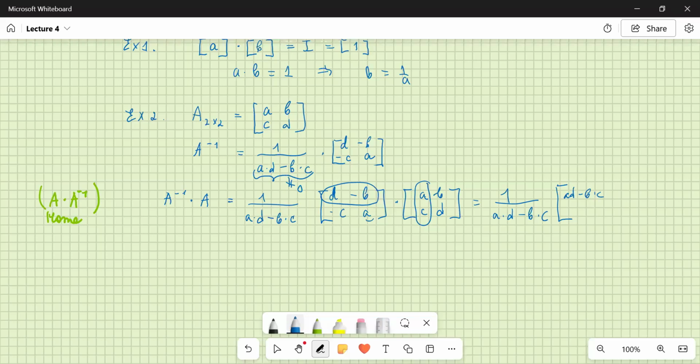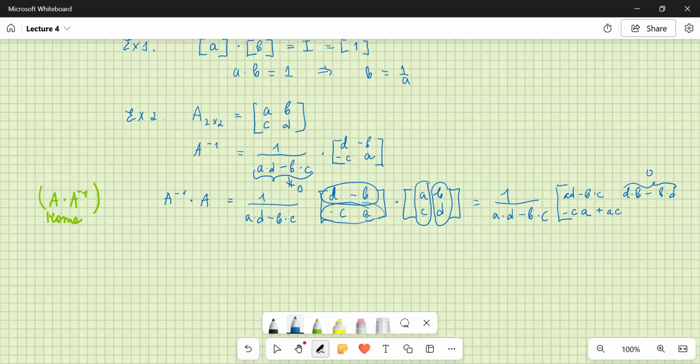That's my first element. My second element is going to be DB minus BD. Well, we know that DB minus BD is going to give 0, right? The element over here is going to be minus CA. I'm multiplying the second row by the first column.